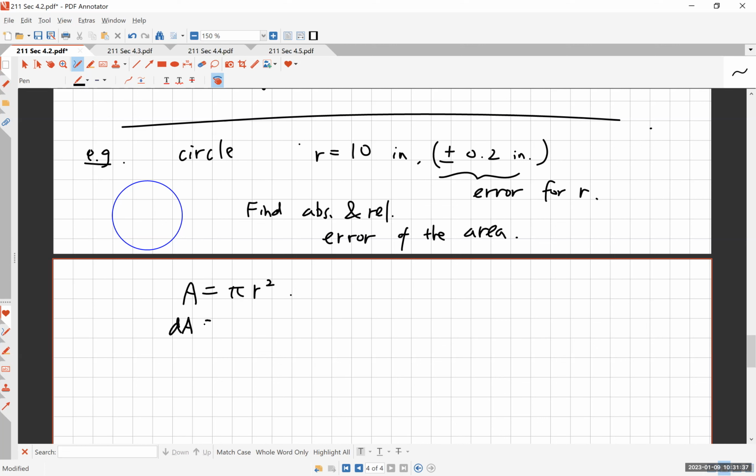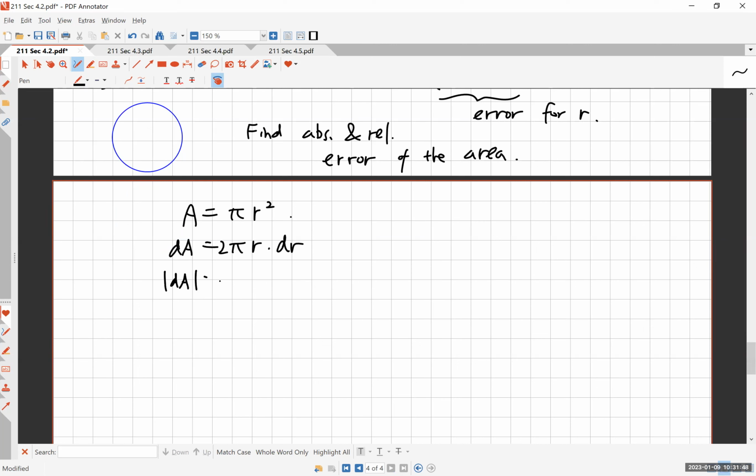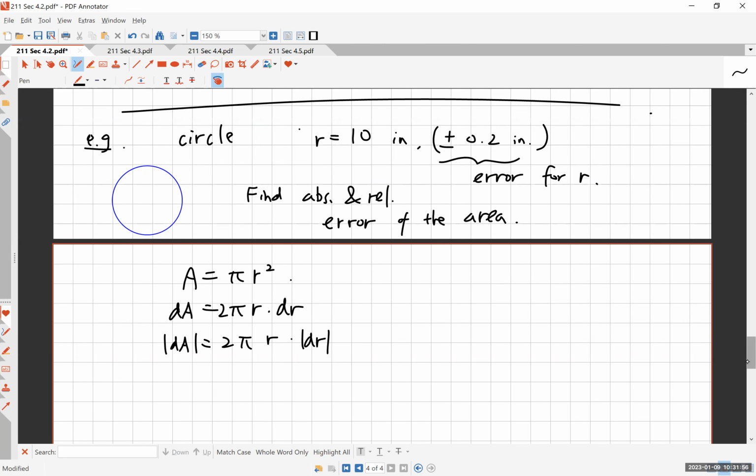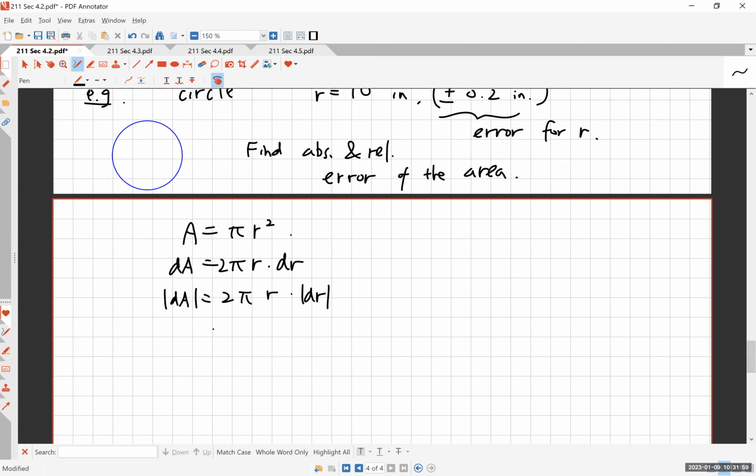So dA is 2 pi r times dr. This is a differential of A with respect to r. So you can say dA is 2 pi r and then dr. Now in this case, r is given as 10 and dr is plus or minus 0.2.